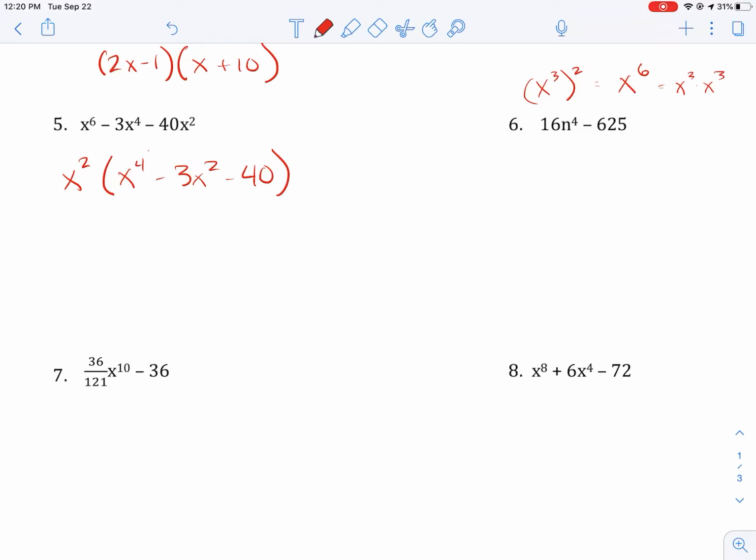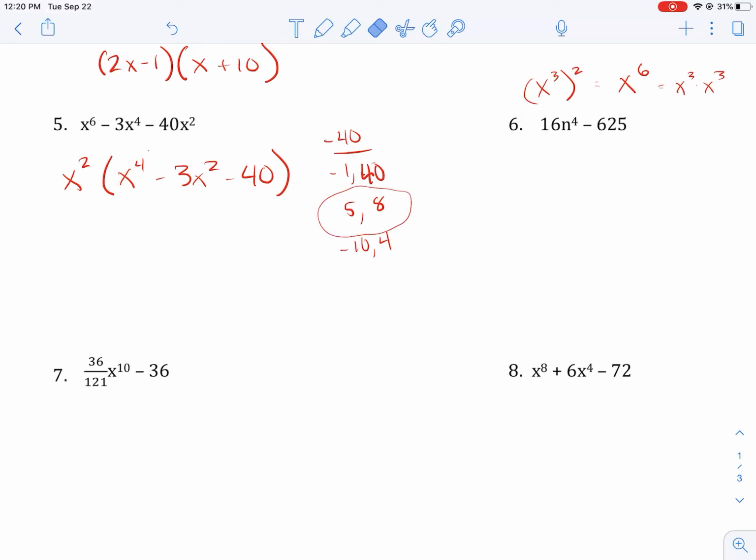Now, we have to look at the factors of negative 40. So we're going to go negative 1 and 40, whoops, negative 5 and 8, negative 10 and 4. Okay, I'm already seeing an answer right here. Which one of these can we add together to get a negative 3?